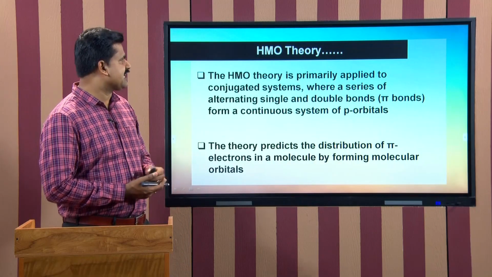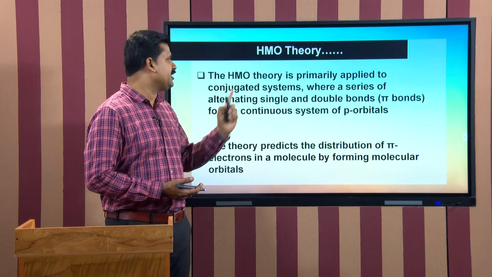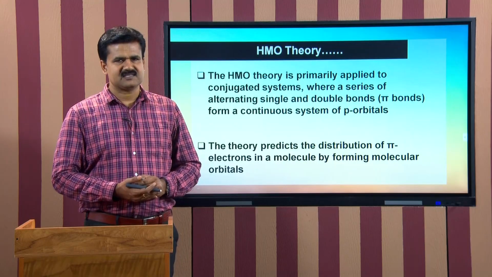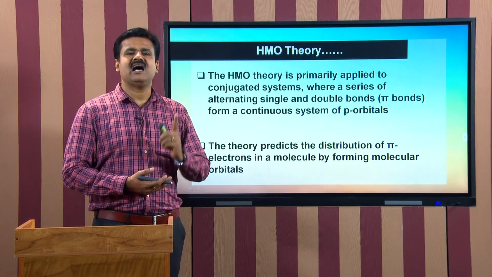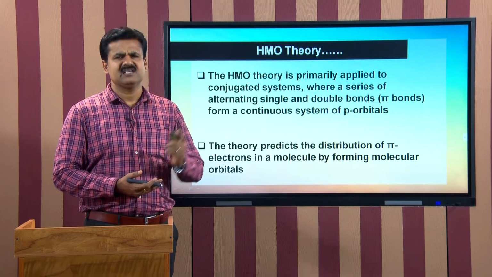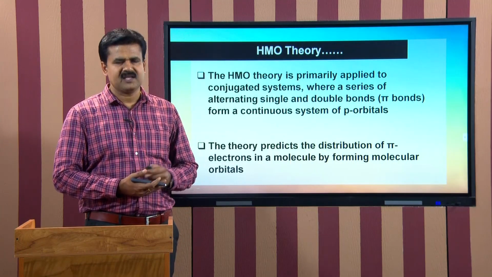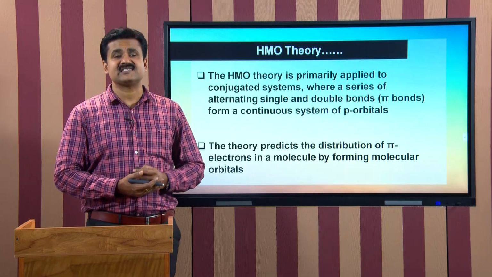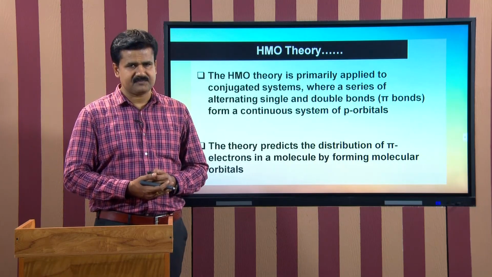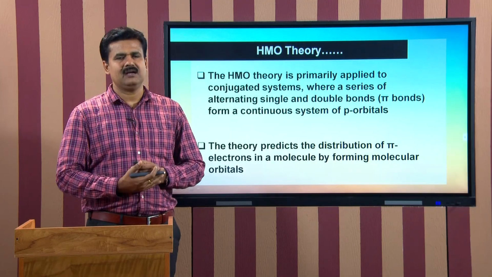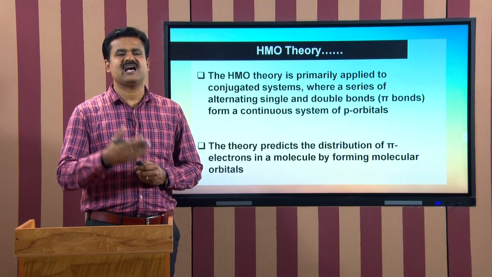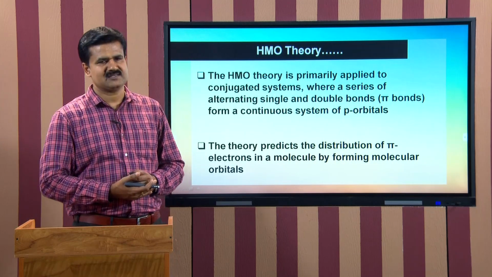It is primarily applied to conjugated systems where a series of alternating single and double bonds are present. The double bonds mean pi bonds and they form a continuous system of p orbitals. Hence, this HMO theory is highly applicable to conjugated organic molecules.